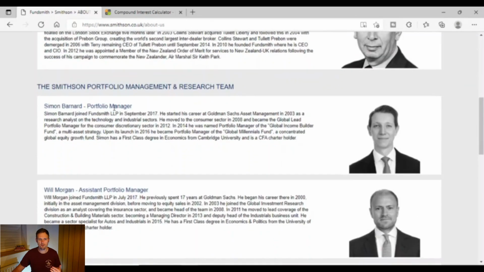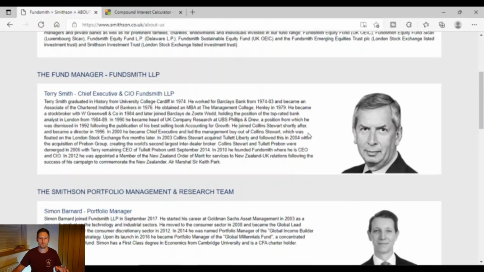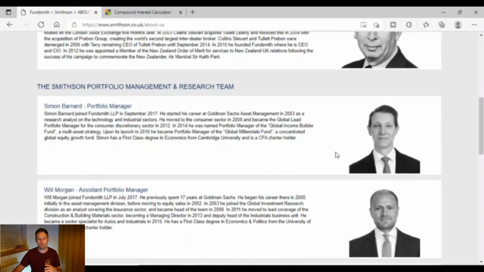The portfolio manager for this Smithson Trust is not run by Terry Smith because he's busy with Fundsmith, but it's actually run by a man called Simon Barnard. Just to give you some information on Simon, and then I'll show you some details of the trust itself. He joined Fundsmith in September 2017.